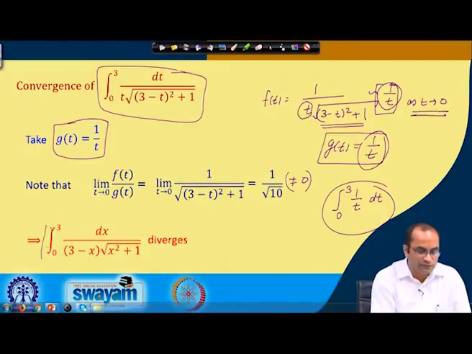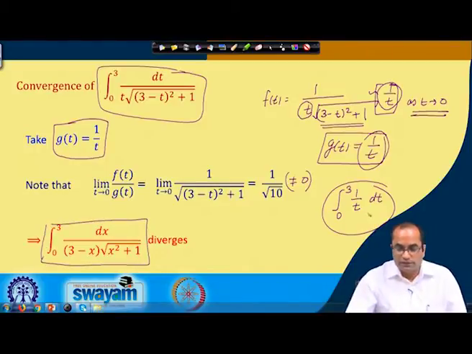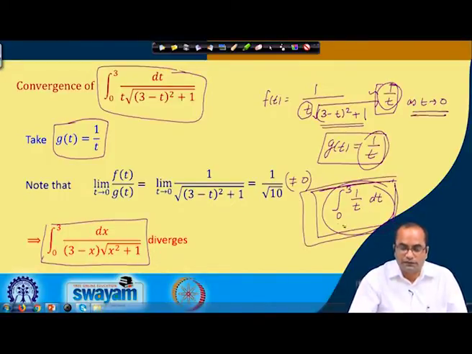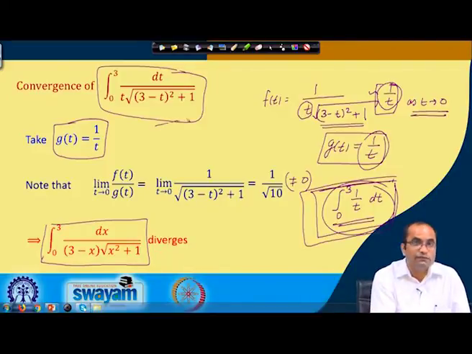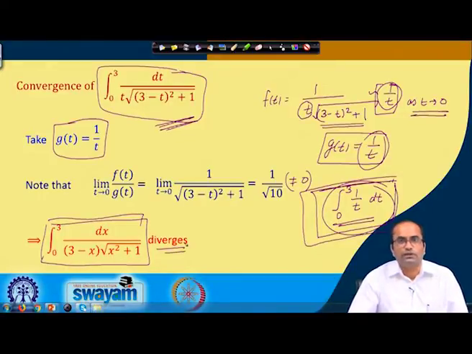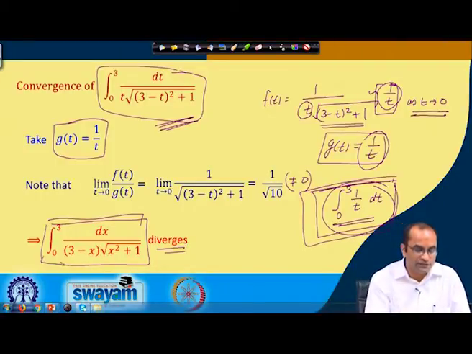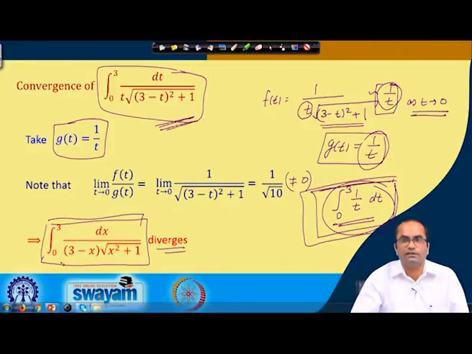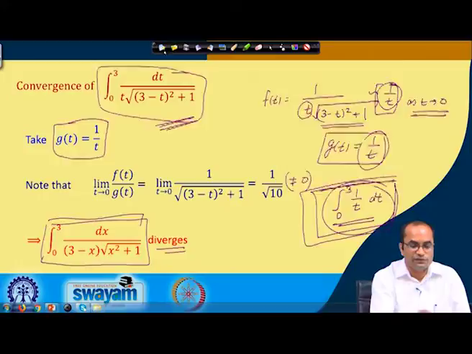Since the integral of 1 over t diverges, this integral will also diverge, and naturally the given integral will also diverge. So by this simple comparison test, we are able to tell, without explicitly computing the value of the integral, that this integral diverges.